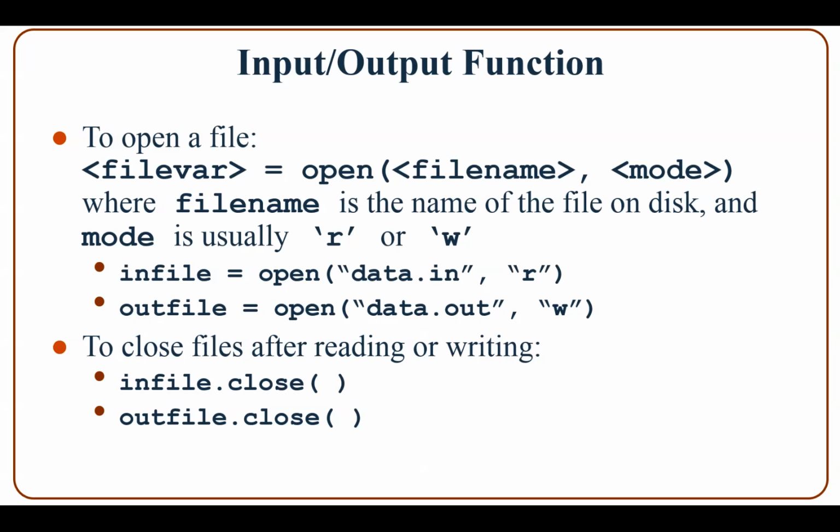In Python, in order to open a file, use this syntax. Use the open function. If you want to open a file to read, use the parameter R, and otherwise, if you want to write, use W, and also give it the file name. And to close files after reading or writing, use the close method. Now let's see how we can read a file.